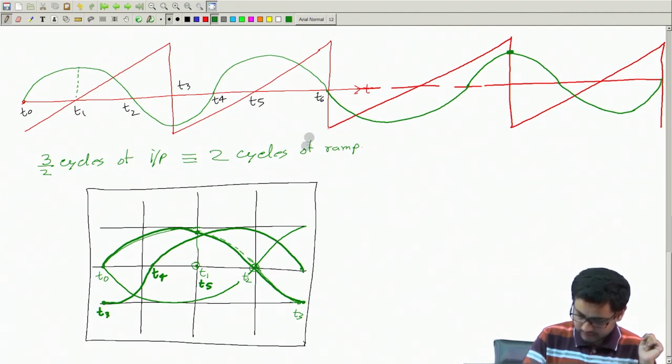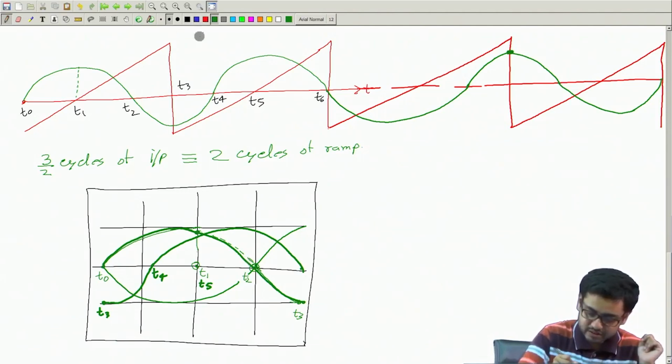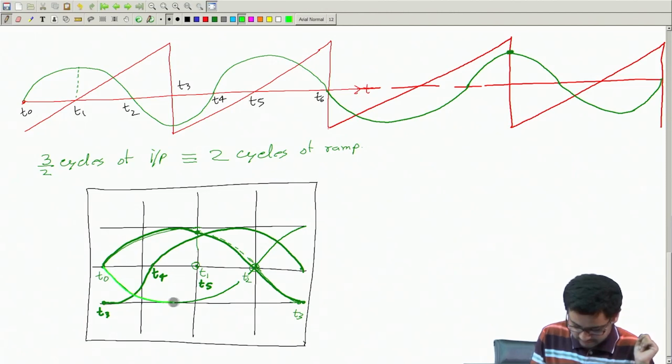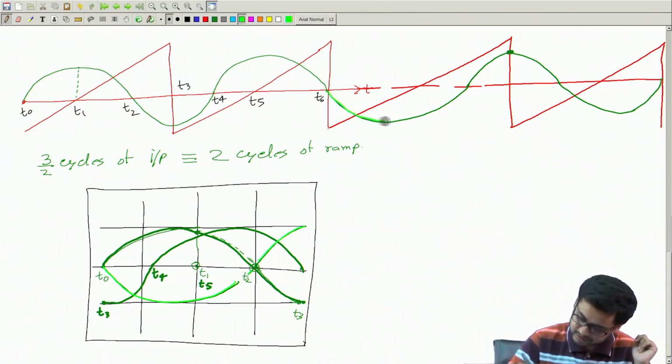I guess I made a mistake previously. So this is half cycle. No, it's correct. So this was the previous path. Let me make it a different color. Okay, so this is this portion, right?